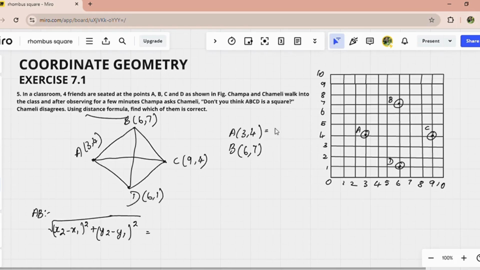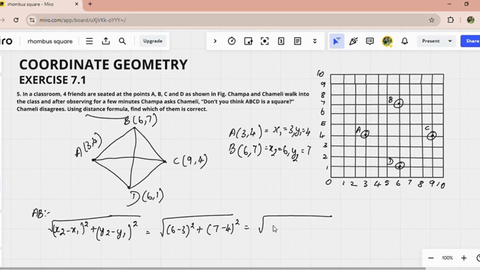So x1 equals 3, y1 equals 4, x2 equals 6, y2 equals 7. Substituting, root of 6 minus 3 square plus 7 minus 4 square, which is root of 3 square plus 3 square, which is root of 9 plus 9 equals root of 18. So AB equals root of 18.